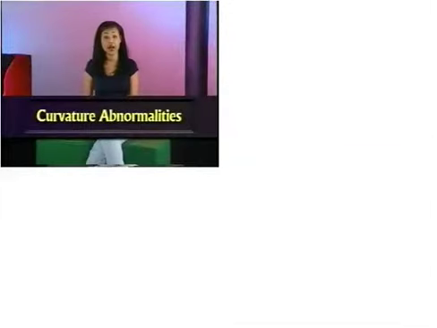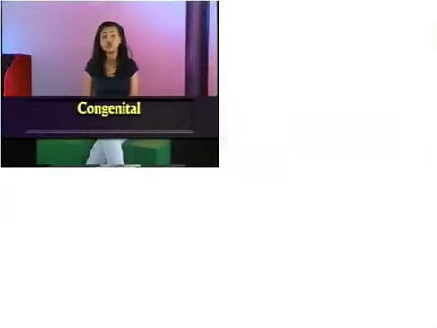Curvatures have a downside, namely curvature abnormalities. Curvature abnormalities can be blamed on any number of factors. Some are congenital, which means they were present before birth. Some are even caused by bad posture. There are a few common curvature abnormalities, like scoliosis, kyphosis, and lordosis.